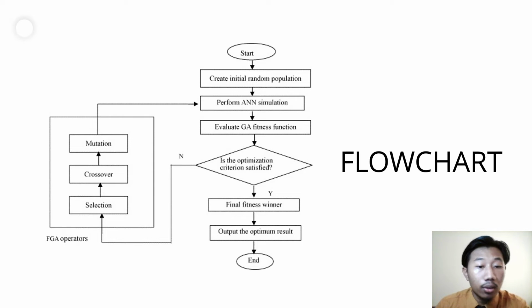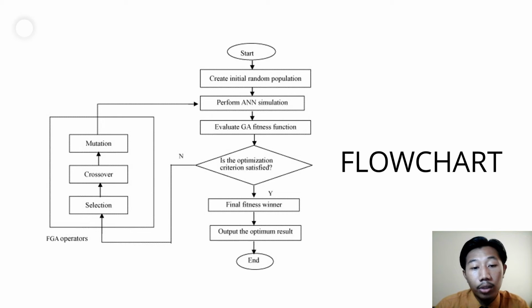So for the flowchart, we will start the experiment that we create initial random population. Then we perform artificial neural network simulation by evaluating the genetic algorithm fitness function. Other than that, we use the backpropagation neural network to fitness this simulation. So after that, we have two options: maybe we will repeat or we will continue the simulation.